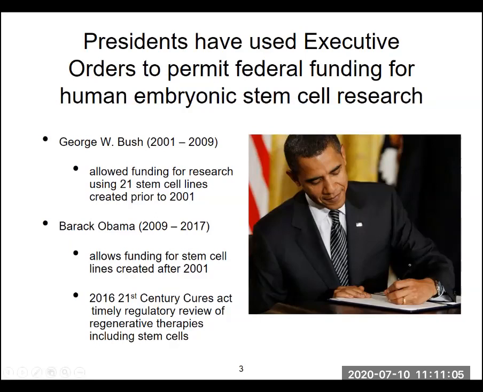The 2016 21st Century Cures Act basically called for timely regulatory review of regenerative therapies using stem cells.